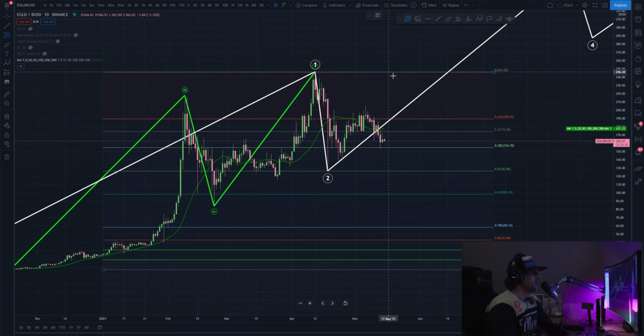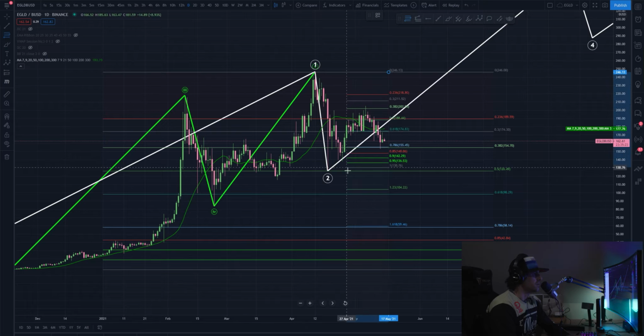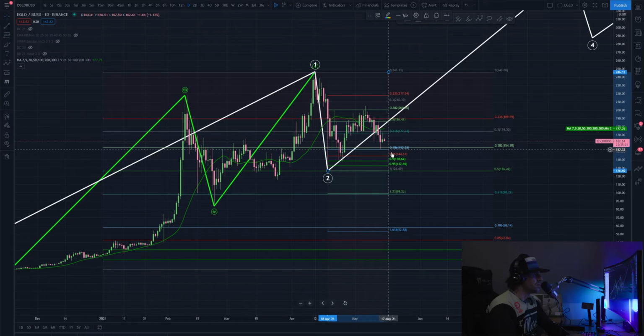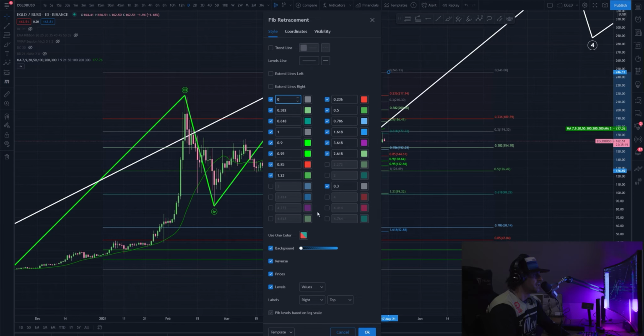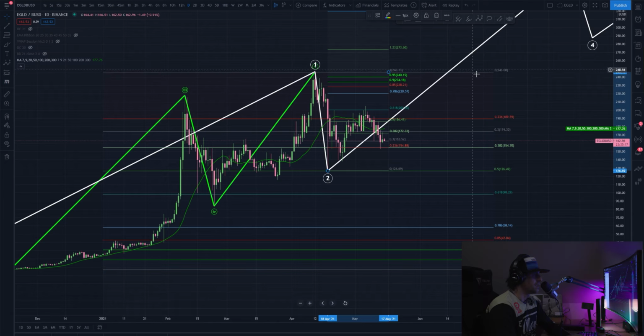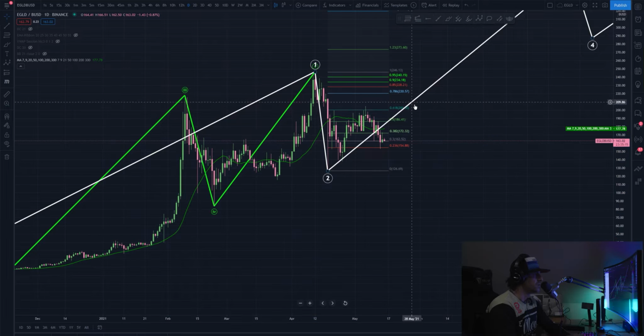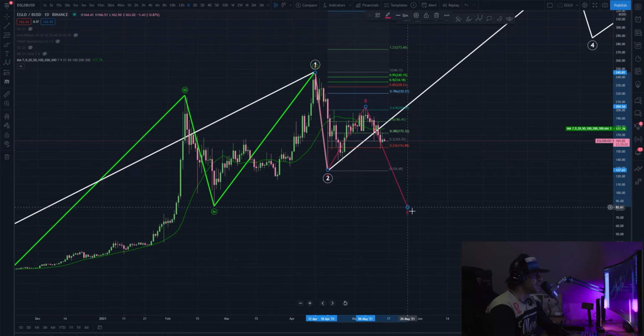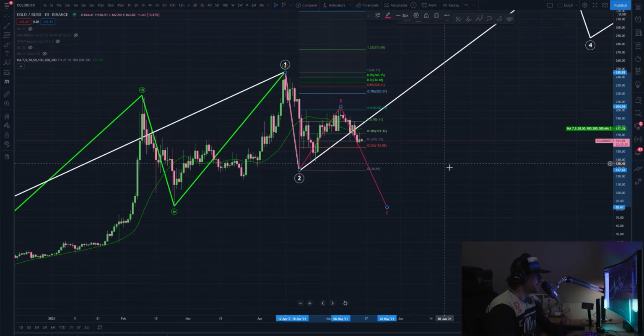You remember this trap was right there on the golden fib. I'm going to inverse this. I'm going to take out this huge one, and we've been blocked on the golden fib right here, and usually this is a B wave. Like I said, you have A, you have B, and you have a C wave.